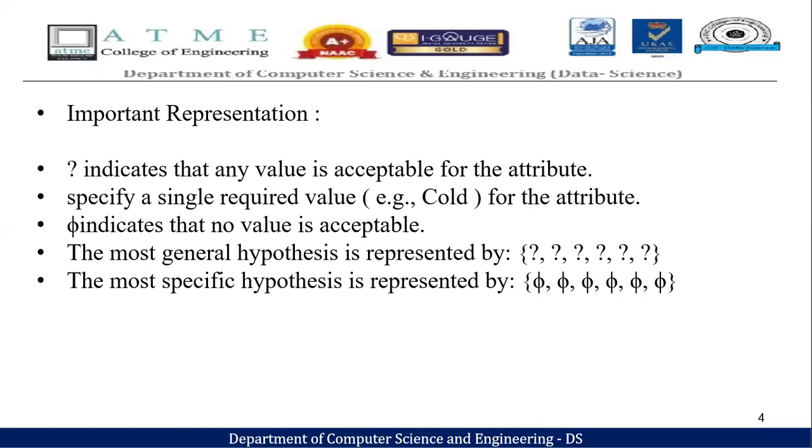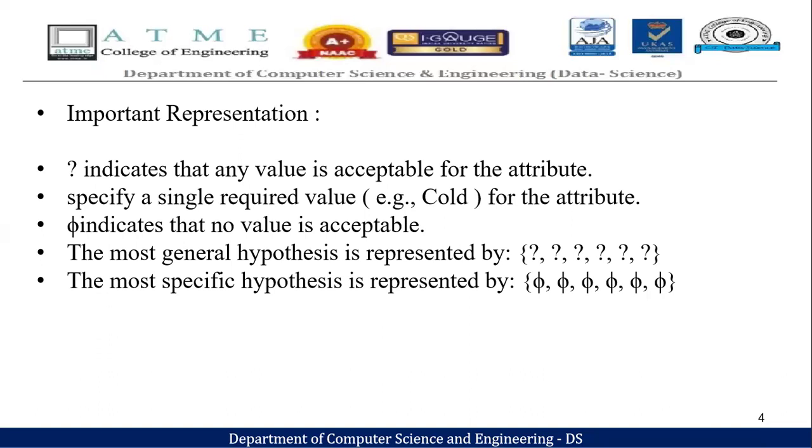Next is specifying a single required value for the attribute, which means one particular value is specified in that place. Next is null. What null indicates is that no value is acceptable. What null is saying is you cannot substitute any value.